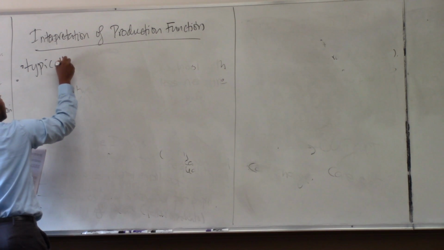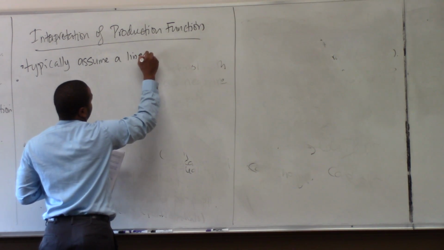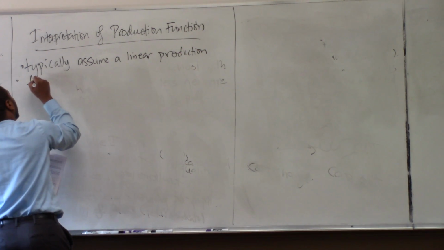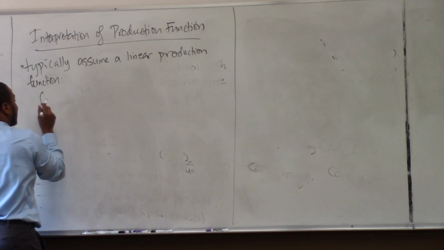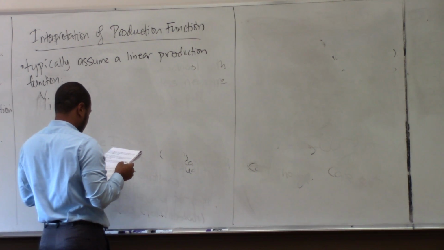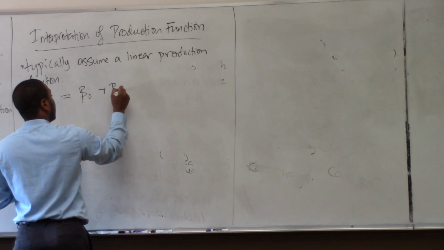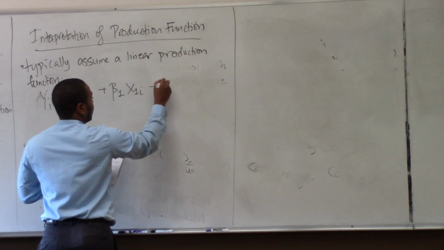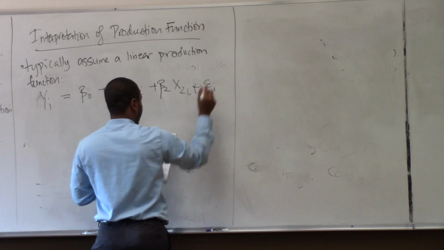So typically we assume a linear production function. So for example, yi would be equal to beta 0 plus beta 1 x1, input 1 for person i, plus beta 2 x2, input 2 for person i, plus epsilon i.